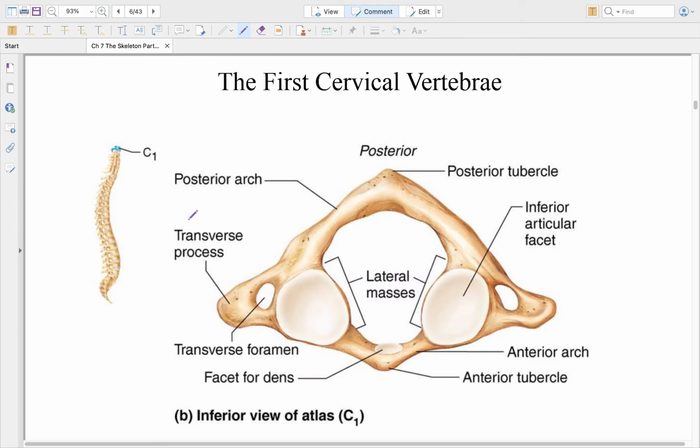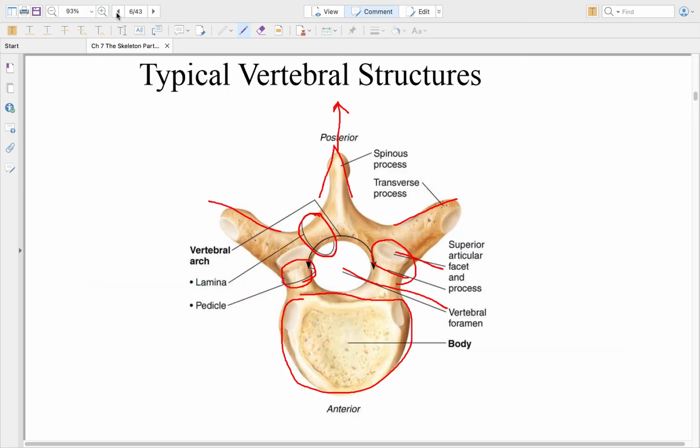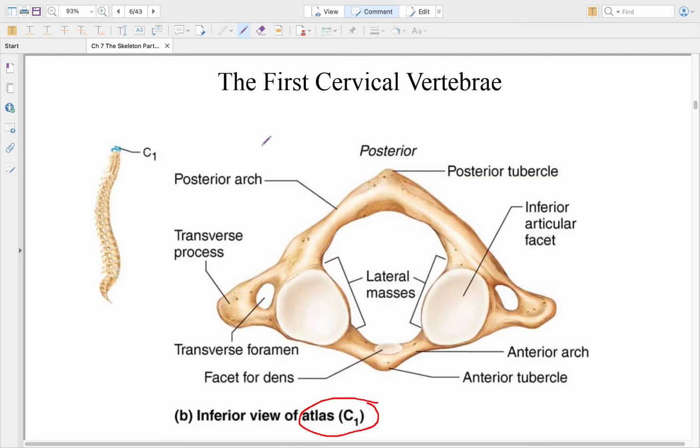The first vertebrae is called the C1, also referred to as the atlas. It actually doesn't have a spinous process, and it's one of the very few that don't. It has this little tubercle. It does have transverse processes, they're just in a different location versus the other vertebrae we were looking at.